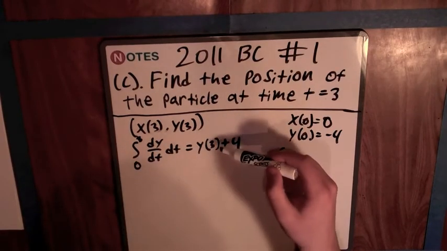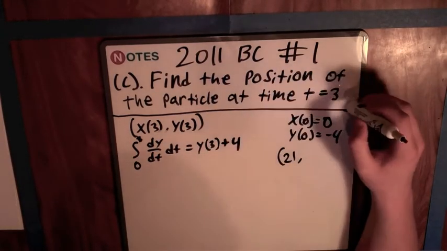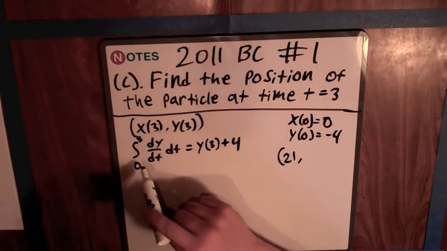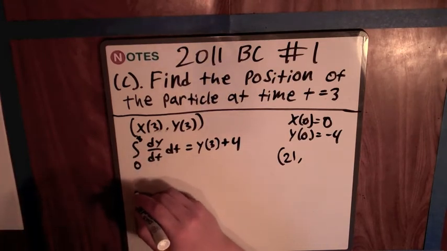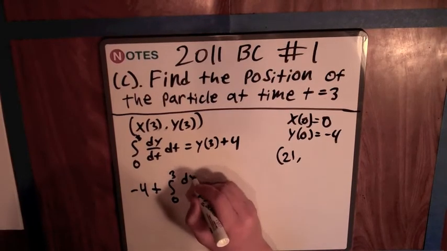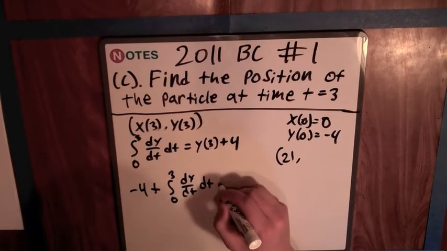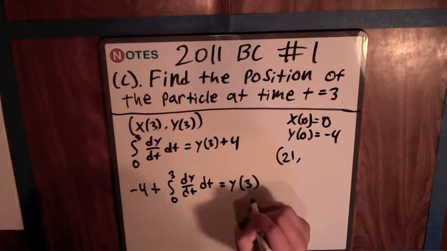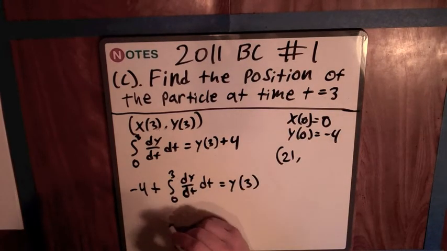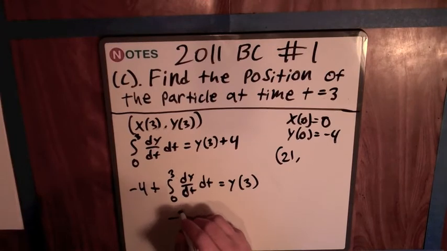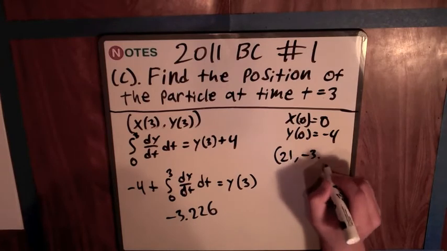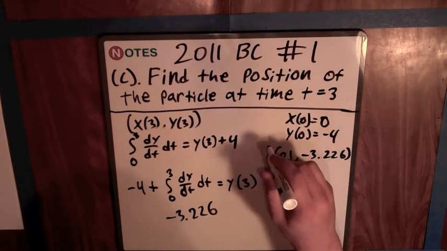So now we're going to solve for y of 3 because that is the position that we want. So subtract over 4 and we will get negative 4 plus the integral from 0 to 3 of dy dt dt equals y at 3. Using your calculator, that will yield a value of negative 3.226. And we are done.